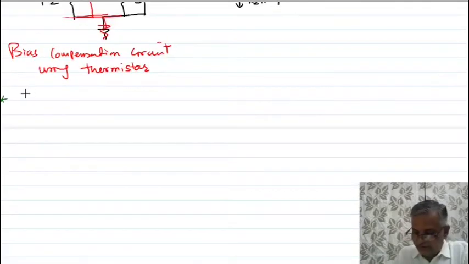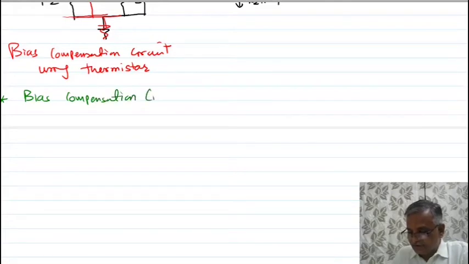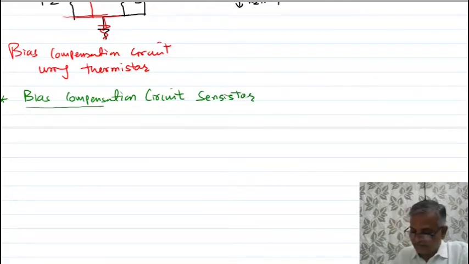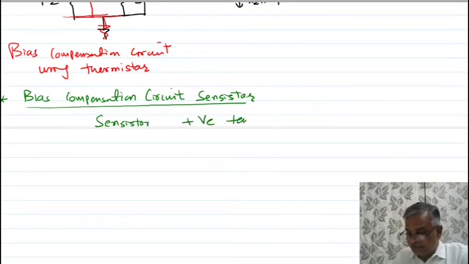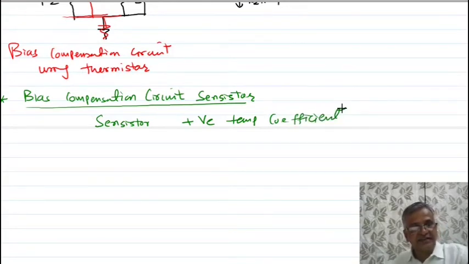The second circuit I want to discuss is the bias compensation circuit using a sensistor. So what is a sensistor? A sensistor has a positive temperature coefficient.